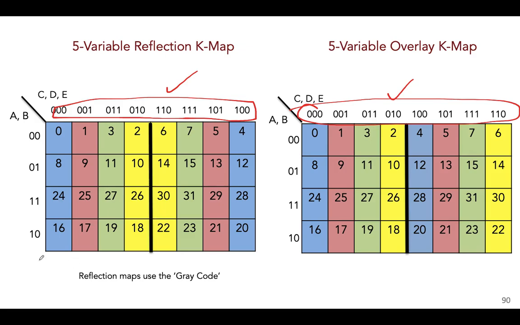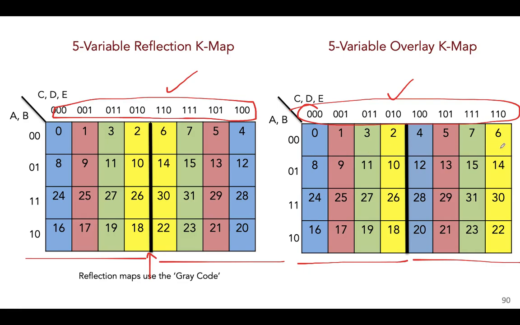Again, I've used colors just to help you visualize which cell is supposed to be adjacent to which one. So in a reflection map, this half is a reflection of this half, but in an overlay map, this half is supposed to overlay on top of this half.